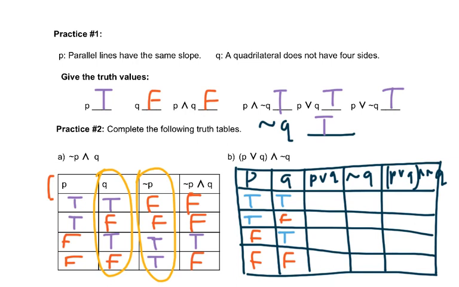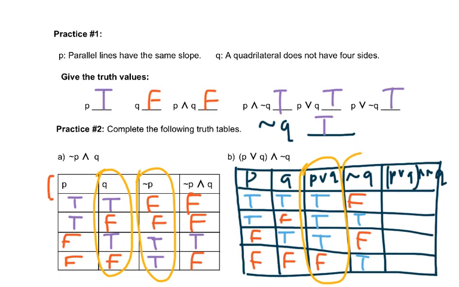So now looking at P or Q, we need at least one of them to be true. So we should have gotten true, true, true, and false here. And looking at not Q, we're just going to do the opposite of our Q column. So you should have false, true, false, true. And now for P or Q and not Q, we already have our P or Q set up here in a nice column.